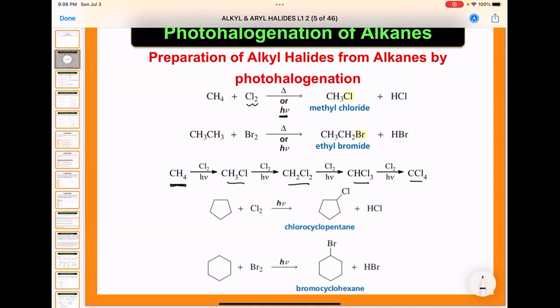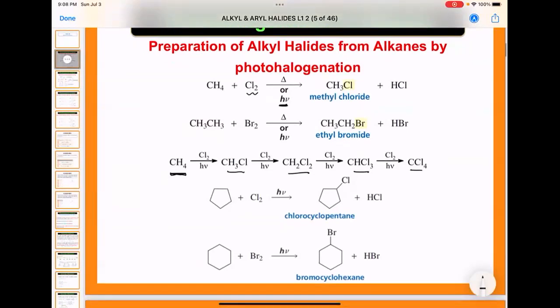It is pyrene. It is also used as a fire extinguisher. Clear? And suppose if you take cyclopentane, you will get chlorocyclopentane, and suppose if you take cyclohexane and do the bromination, that is very simple.